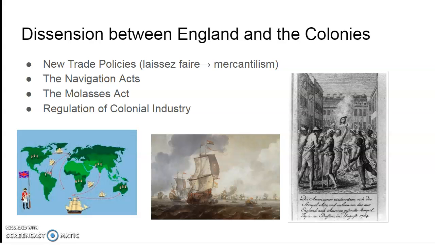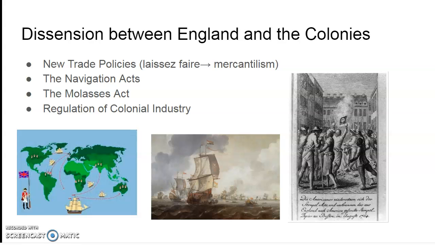So the British aren't going to give up yet with their colonies. They want to try to get as much money out of them as possible. So they start to put more regulations on colonial industry. So they passed several acts. One of them is the Woolens Act, the Hat Act, and the Iron Act.